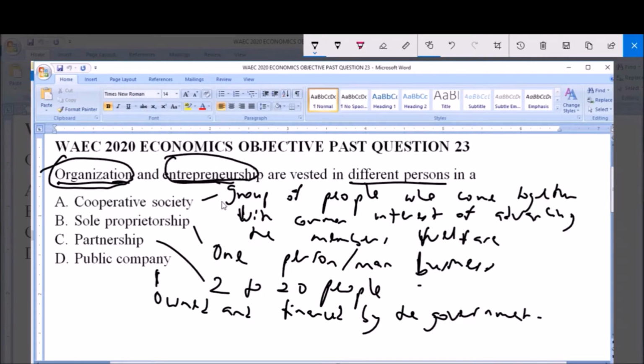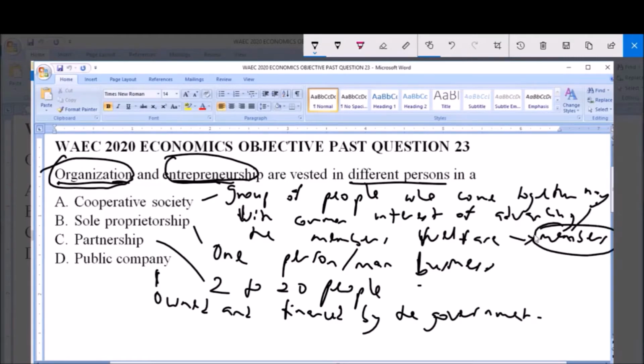Now, in a cooperative society, yes, you have members who own part or who are part of the organization of the society. Now, these same members amongst themselves select those that will manage it.